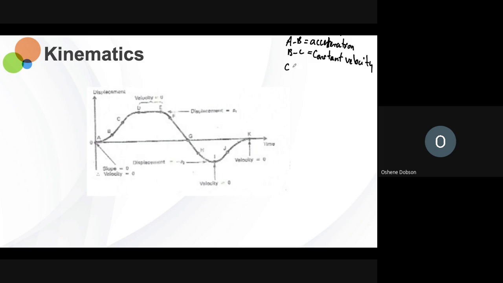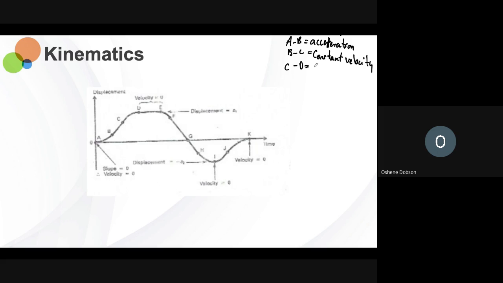From C to D. It's going down, it's decreasing. Its speed is decreasing. What do you call that word?